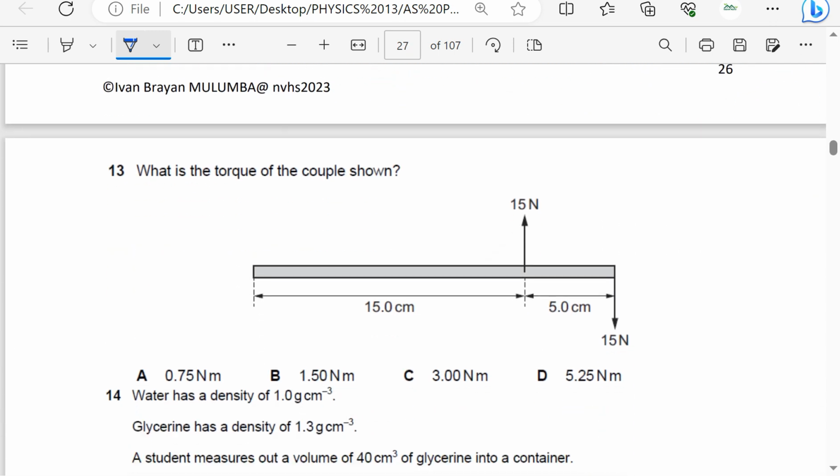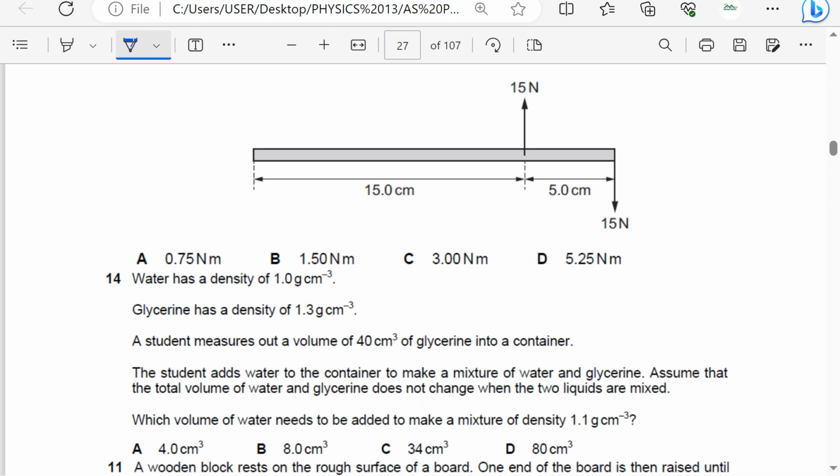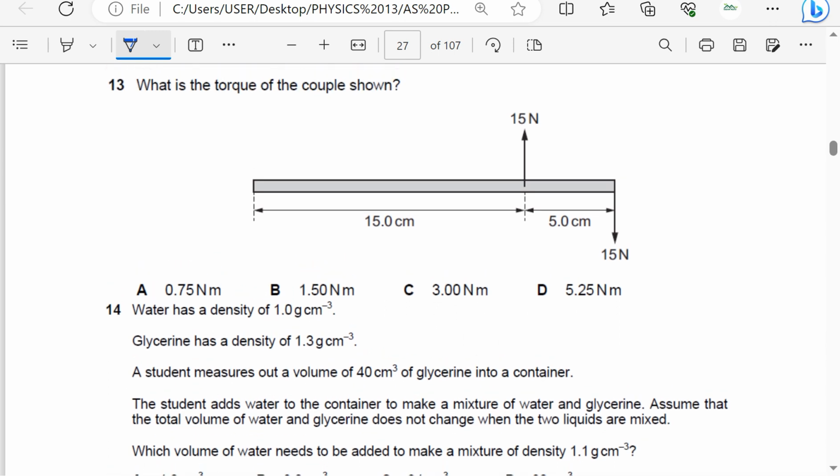What is the torque of a couple? Of course, a couple refers to two equal but parallel forces. Torque is the product of force times perpendicular distance.